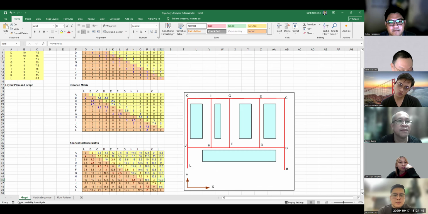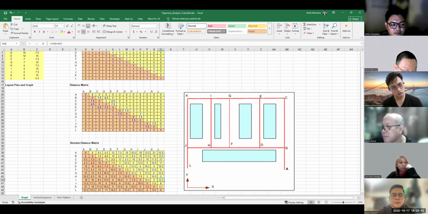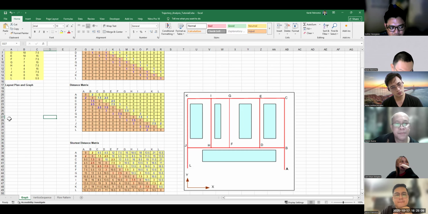For the assignment, it's up to you. If you want to experience flow Masha, then do it. That will enhance your ability. If not, just do it manually like this. This is for the workshop, so I asked them to do it manually. Clear? Good.